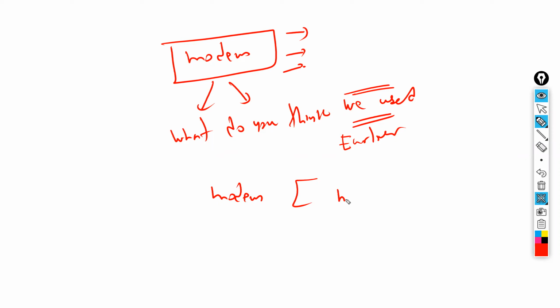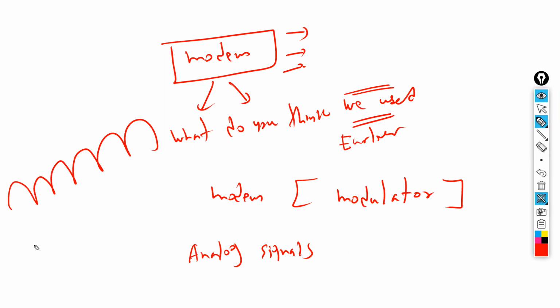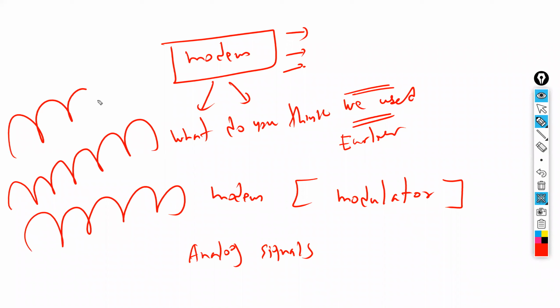Modem is modulate. Modulator means you are converting your analog signals. Now I am talking to you, and this is my echo, my analog signal.